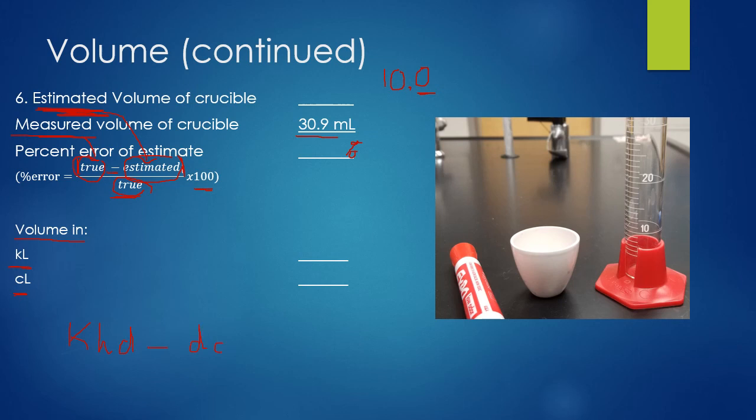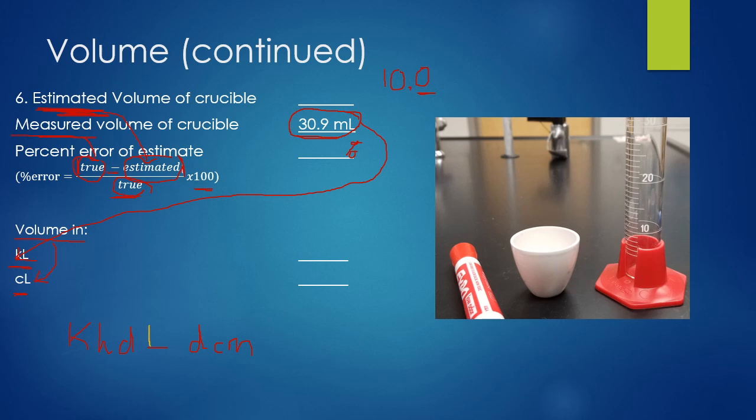And what I want you to start with is the volume of the crucible, the measured, the actual. So you're going to be taking this 30.9 milliliters and converting that into kiloliters and then into centiliters.